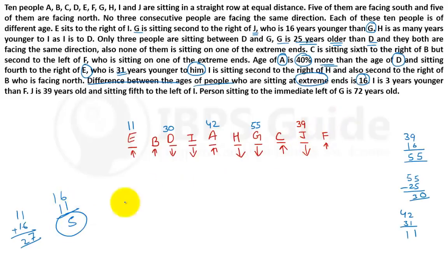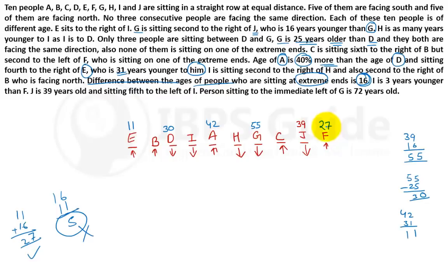But 5 is not possible as the age of F, because further it will give a negative age when we compare. I will show you that possibility also, but we will first go with this one. E's age is 11, then F's age should be 27, so that the gap of 16 years is there.